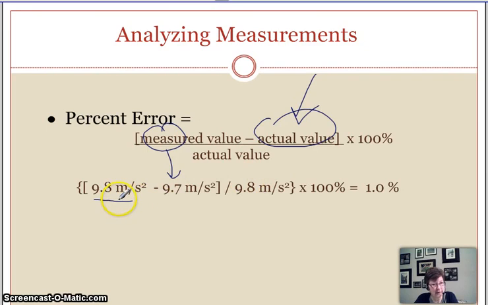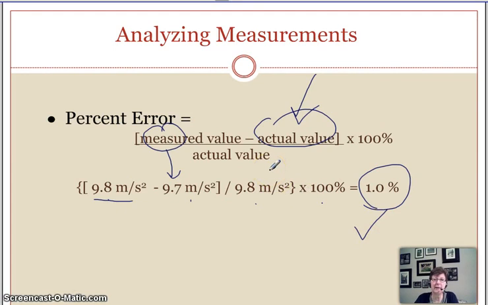So my actual value is 9.8 meters per second squared. I take the difference between that and what I measured, divide by the actual value, multiply by 100%, and that gives me percent error of 1%, which is really good. If you normally get percent error between 1 and 5% or so, I'd say you were successful at doing that measurement.